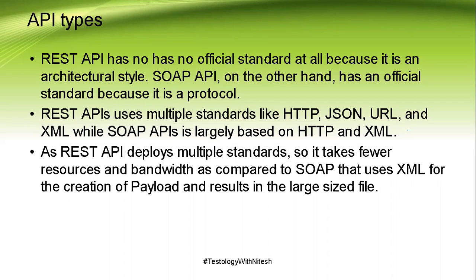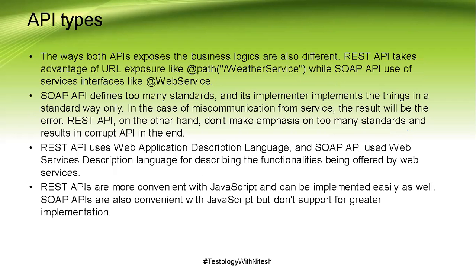REST API has many benefits over SOAP API because you can use multiple types of data with it, like XML, normal text, JSON, bytecode. Whatever type of data you want to send, you can mention in the REST API call header. Okay, so we will talk about that also.